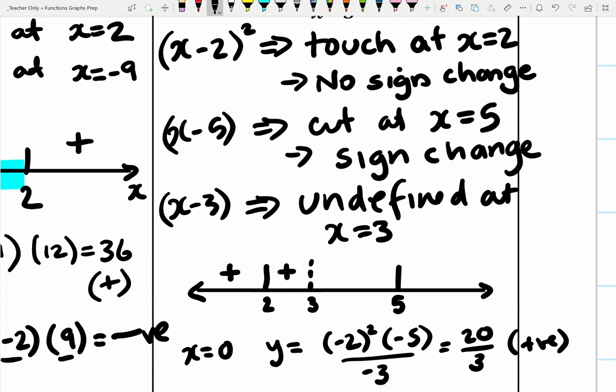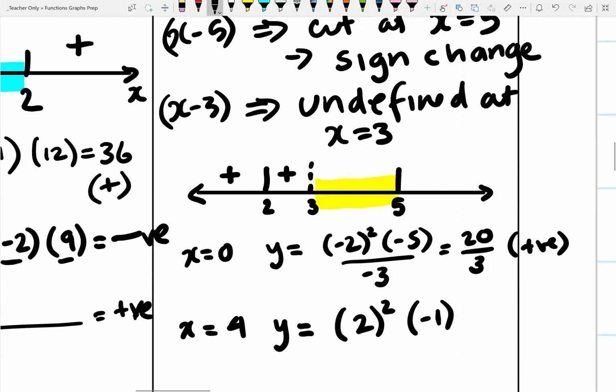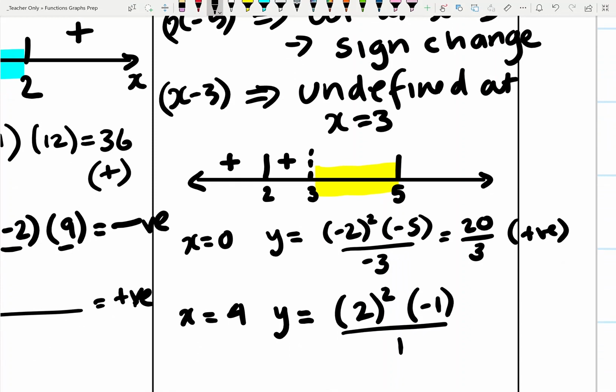We're not sure what happens on either side of the asymptote, so we'll do another test in this region here, and the most obvious choice is going to be x equals 4. And when x equals 4, y is going to be 2 squared times negative 1 on 1, just by substituting in 4, which is negative 4, which is negative.